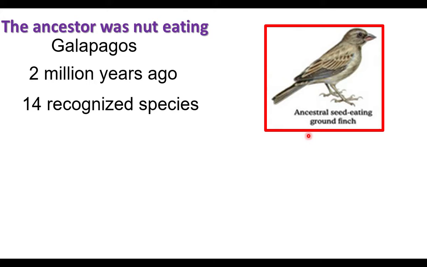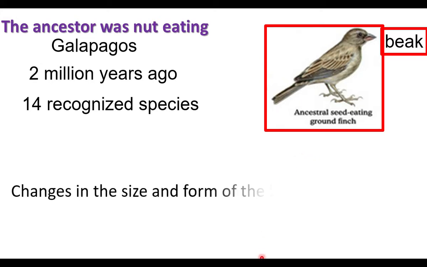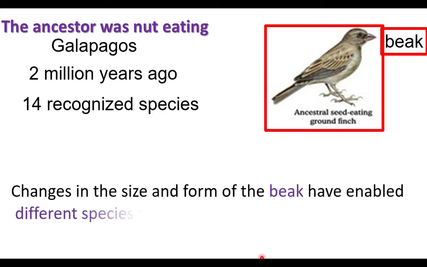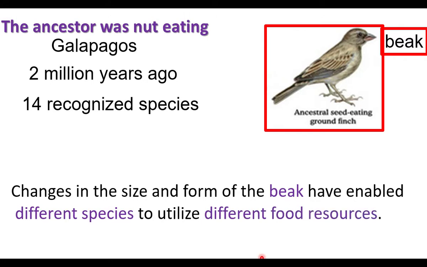The major difference is in their beak. The differences in the beak enable the birds to use different food sources. Changes in the size and form of the beak have enabled different species to utilize different food resources.